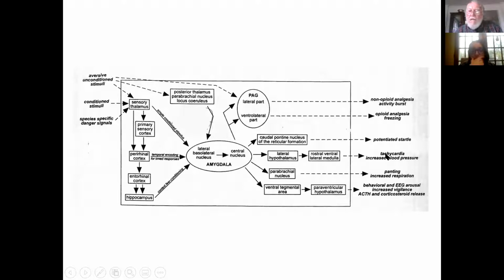Increased heart rate, tachycardia, and increased blood pressure. Then we get into the caudal pontine nucleus of the reticular midbrain, and what you then get is potentiated startle responses. What is now happening? You're priming the sensory systems to a state of hyper alertness. So you're basically looking for small degrees of stimulus change so as to adjust your responses.